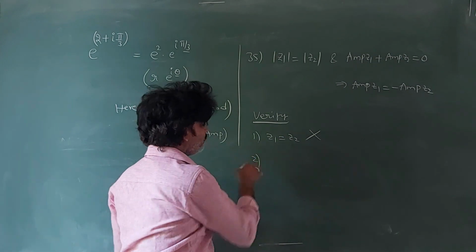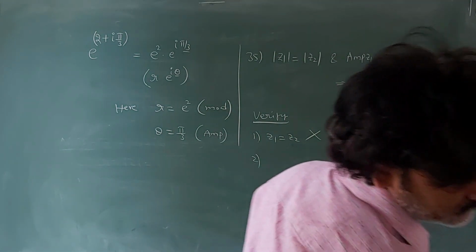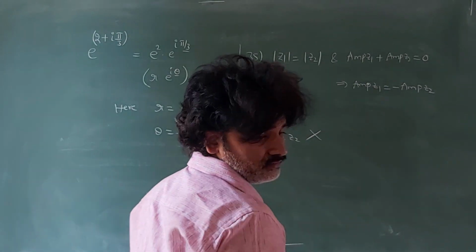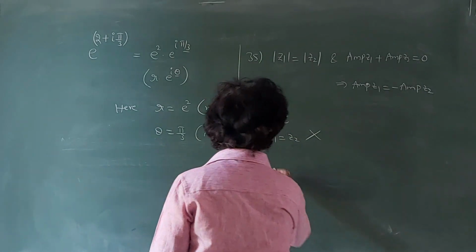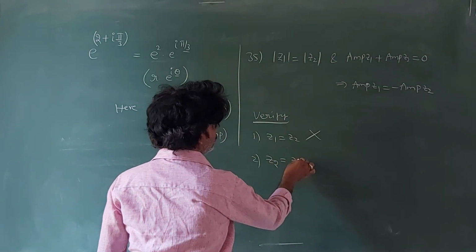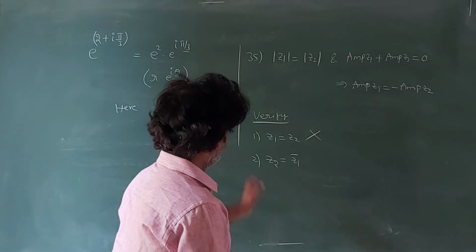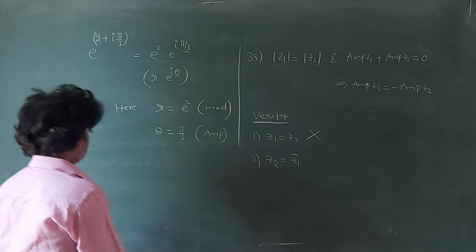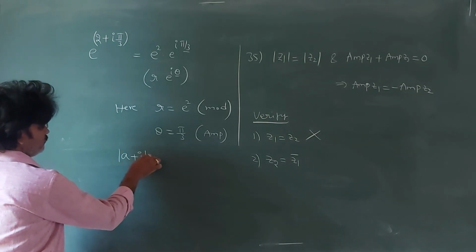Next, the second option they give is z2 equal to z1 bar, meaning the second complex number equals the conjugate of the first one. Right. Before coming to this, one small point. What is the mod of a plus ib?